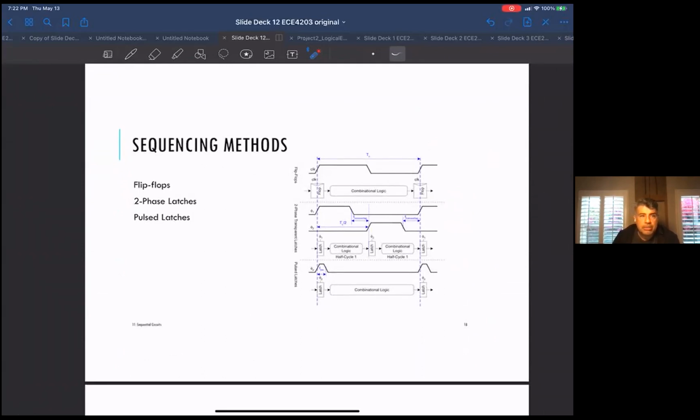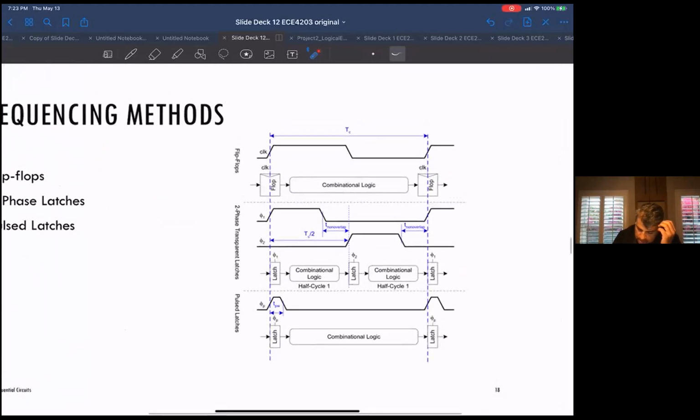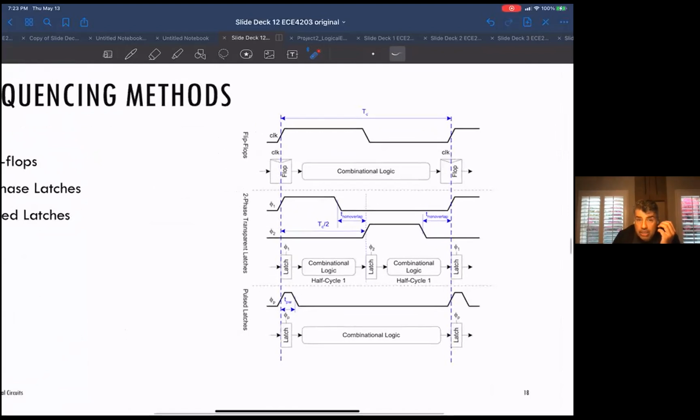Now I want to talk about the idea of, okay, we have these circuits now. How would we use them? Let's say you had a flip-flop. Flip-flop is, in my opinion, very safe.